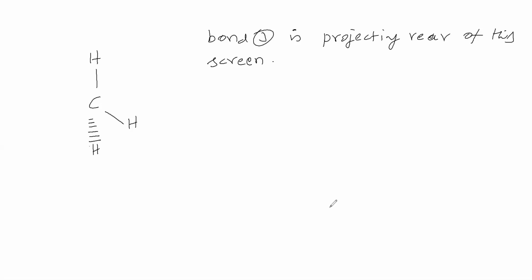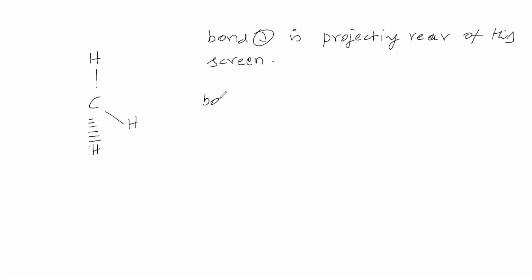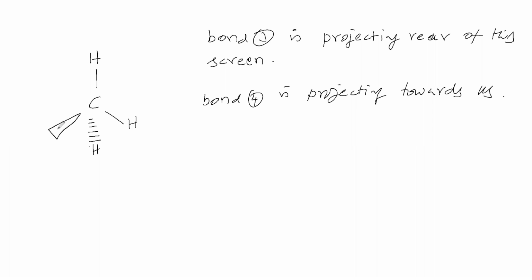Bond number 3 is projecting to the rear of the screen. Next, bond number 4 we will take. Bond number 4 is projecting towards us. Like this we have taken.